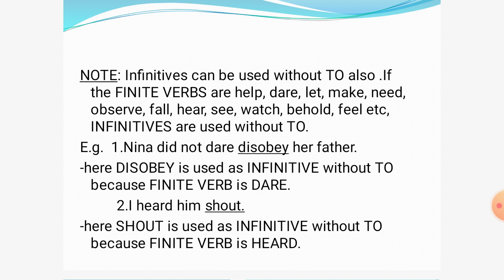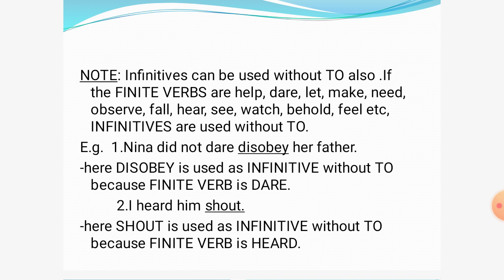For example, you can see Nina did not dare disobey her father. So here, disobey is used as infinitive without to because finite verb is dare. Look at the second example now. I heard him shout.